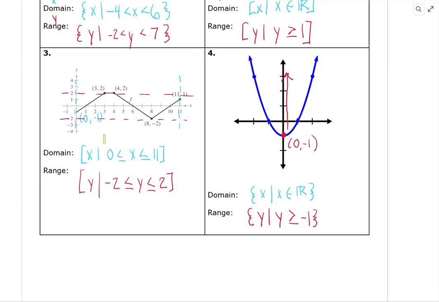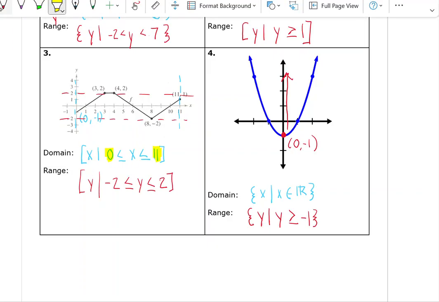So looking at number 3 and number 4, we're looking at our domains. So x such that x, our lowest x value, was 0. It was down here. And our highest was 11. So we could say that x such that x is greater than or equal to 0 and less than or equal to 11.